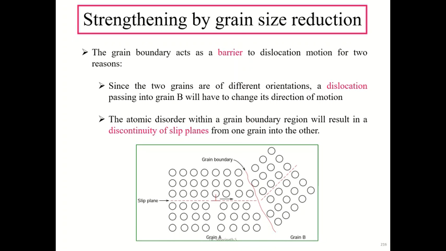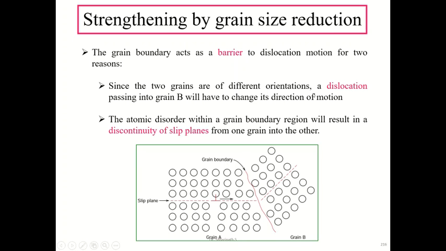So this grain boundary will act as a barrier to dislocation motion for two reasons. The first reason is that since the two grains are of different orientation, a dislocation passing into grain B will have to change its direction of motion.